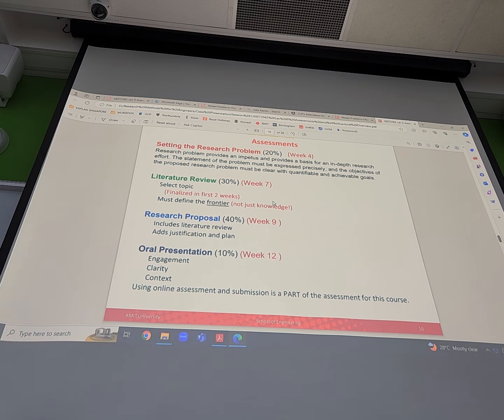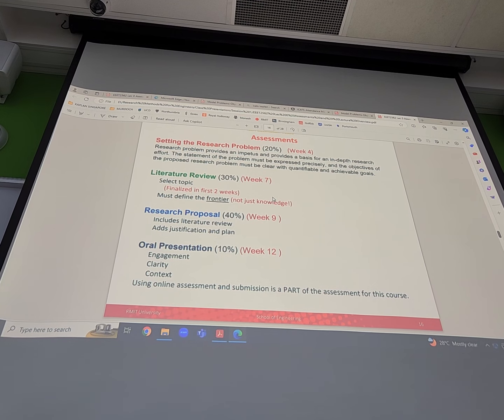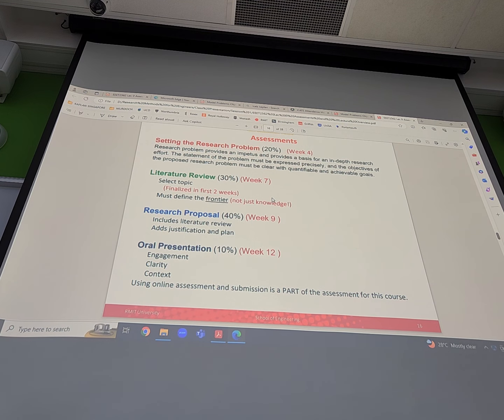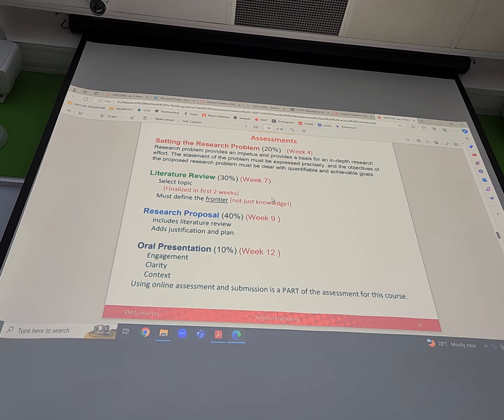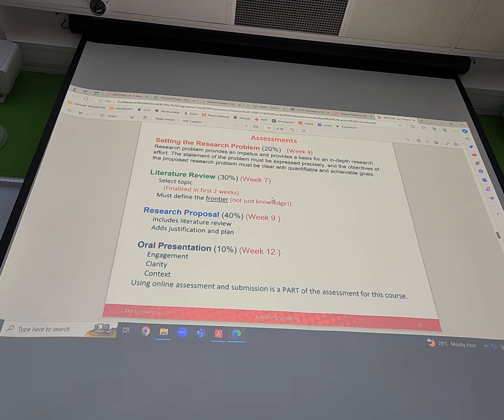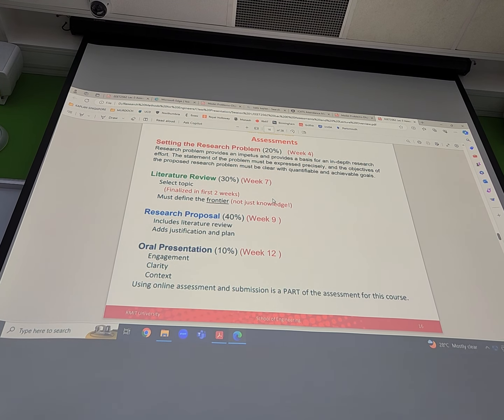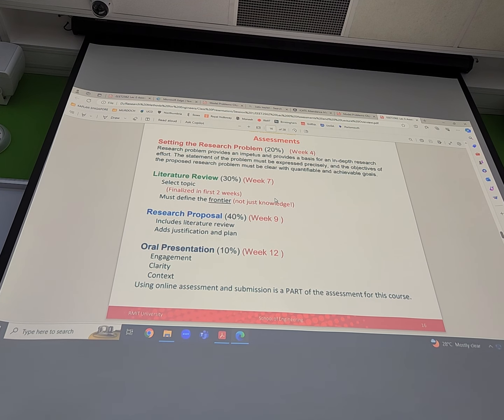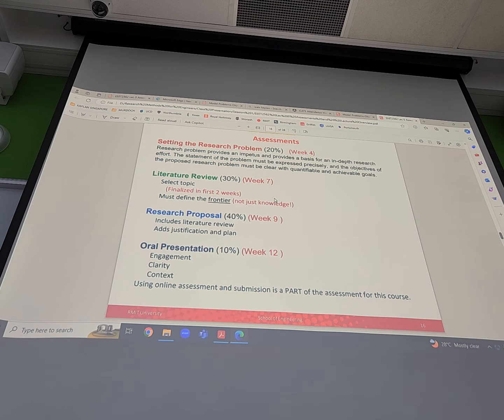When you do literature review, the focus is entirely on literature review. When you are in research proposal, you are telling what your problem is, what the objectives are, what the background analysis is, and also literature review. Then you are giving methodology, then action plan. All those things are part of research proposal.